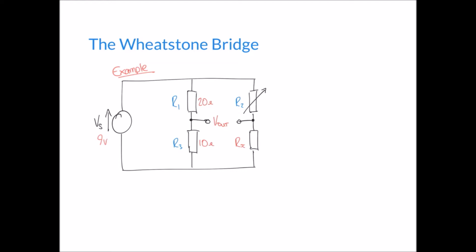So first of all, the aim of this exercise is to balance the circuit so that V out is 0. Let's first of all find the voltage at this point here, the midpoint between R1 and R3. In a few minutes we'll do the same on the right-hand side, but we'll look at the left-hand side to begin with.